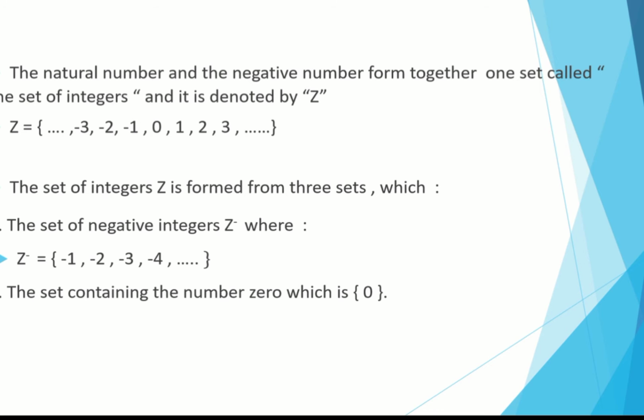The second set is the set containing the number 0, which is the set of 0. The third set is the set of positive integers, and we denote it by Z positive: 1, 2, 3 and 4.